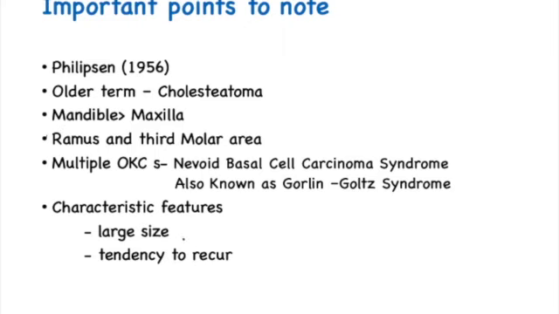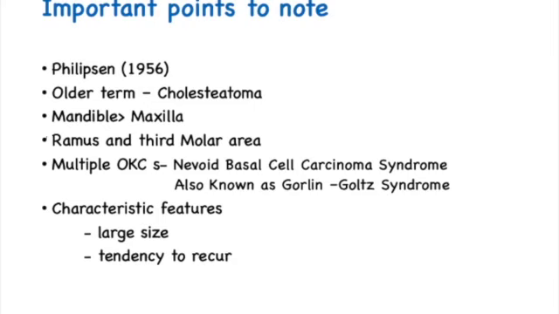The reasons for recurrence we will be learning when we deal with the histopathology of this disease. Because of its large size and high tendency to recur, this cyst was classified as keratocystic odontogenic tumor in the 2005 classification. However, this was brought back to the category of cysts in the 2017 classification.